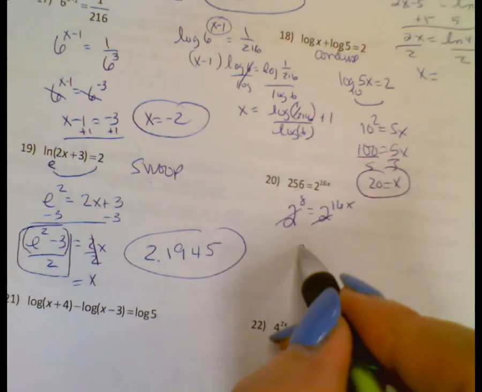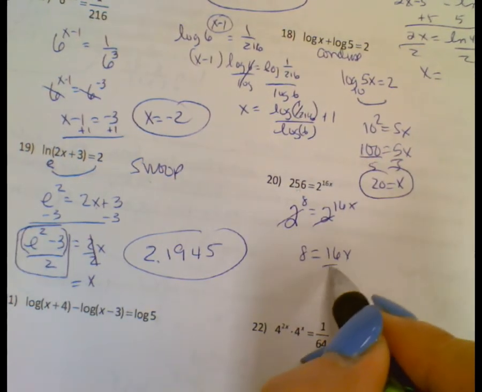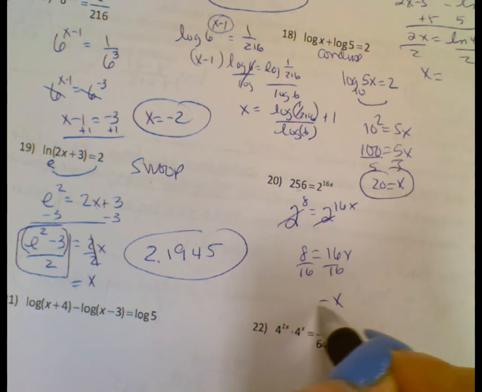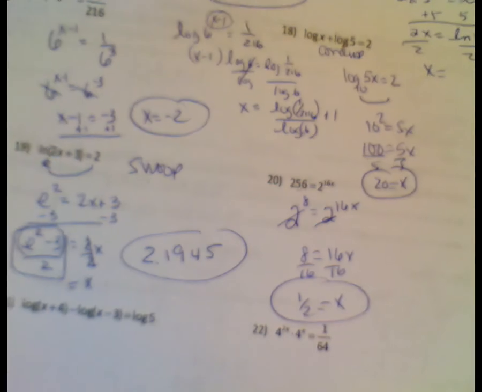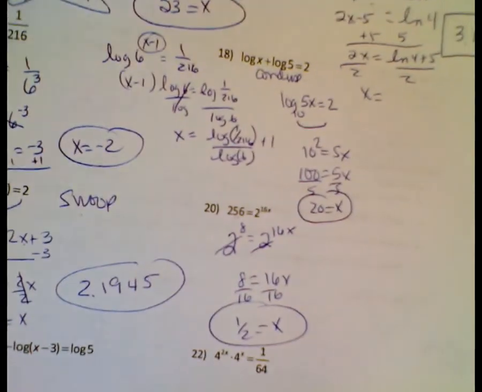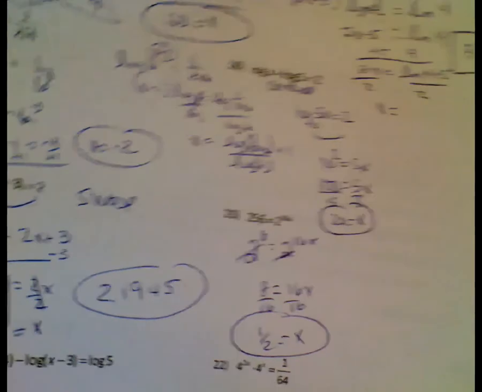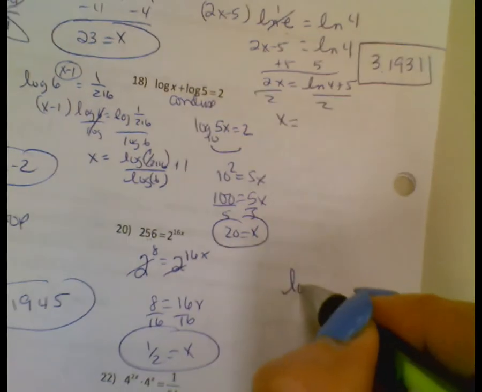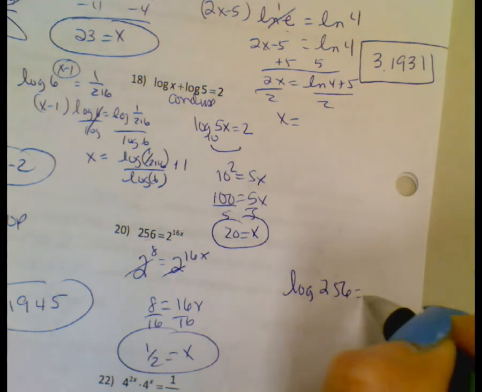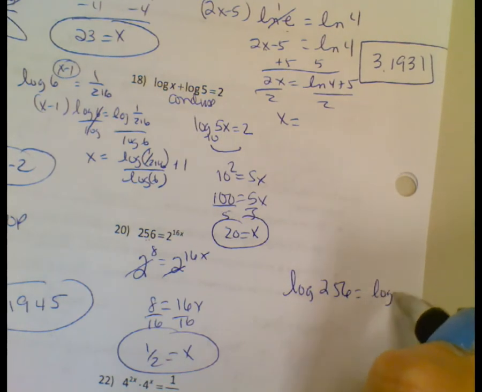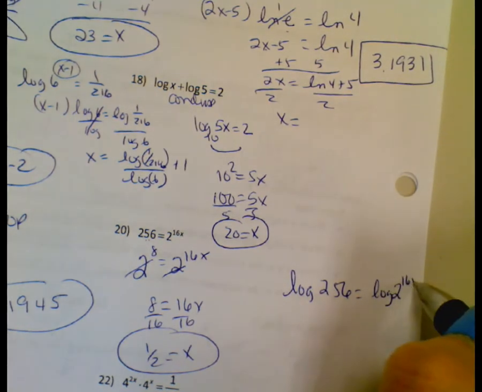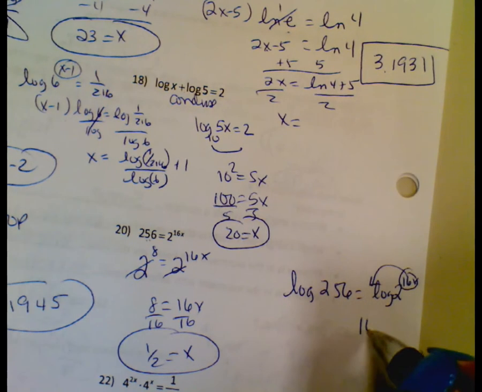Drop your bases and set 8 equal to 16x. Divide by 16 and x is 1/2. If you do not think that you're going to be able to do that 256 to 2 to the 8th, don't forget you can take the log of each side. Release the 16x out front.